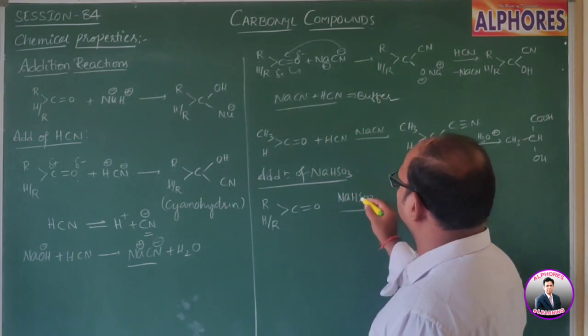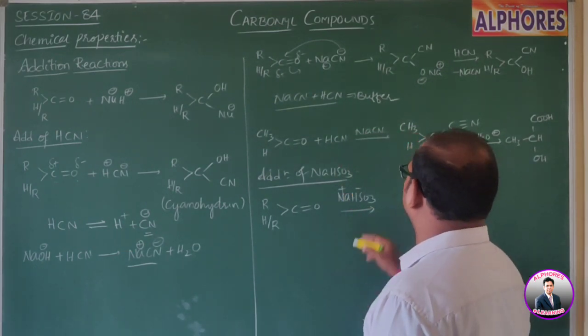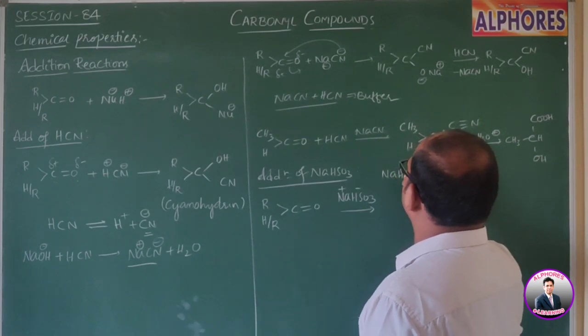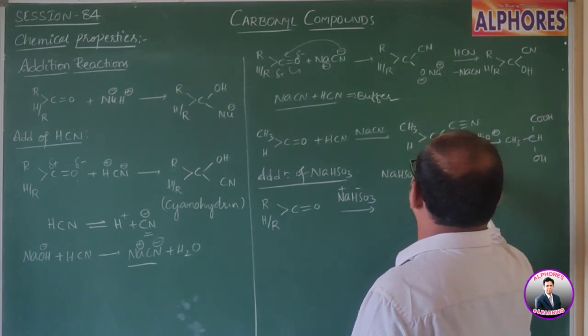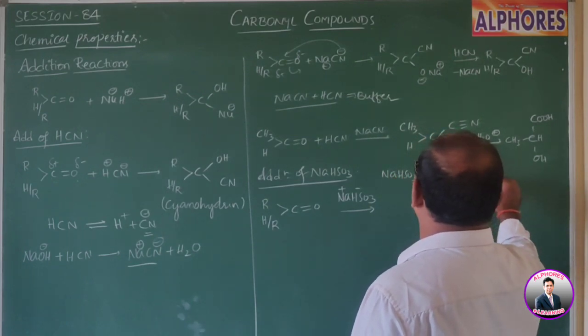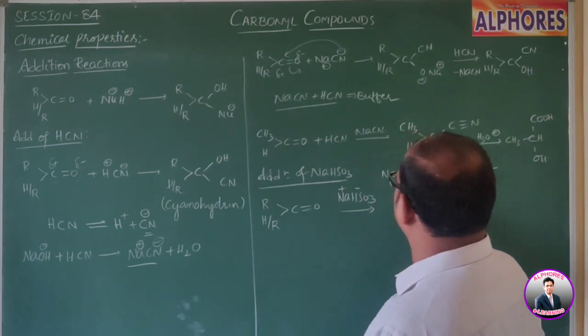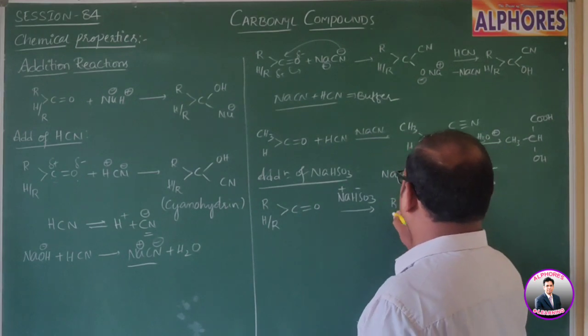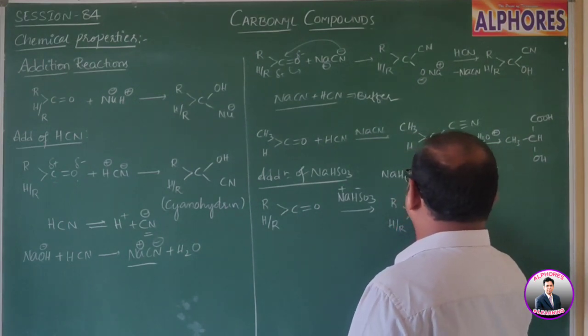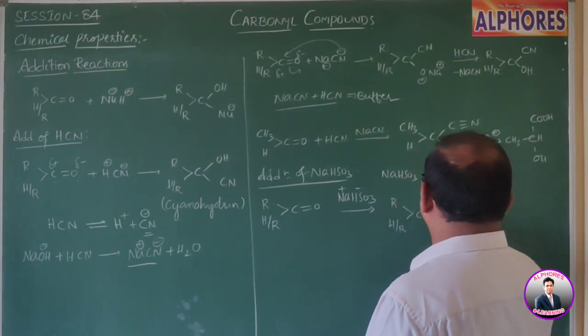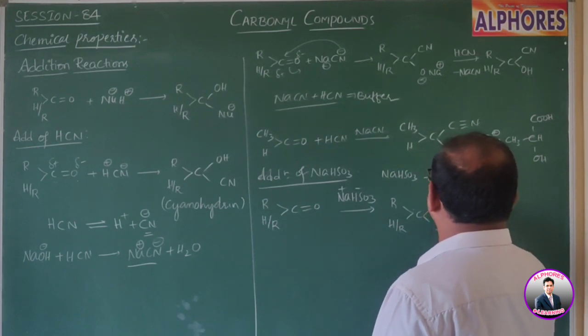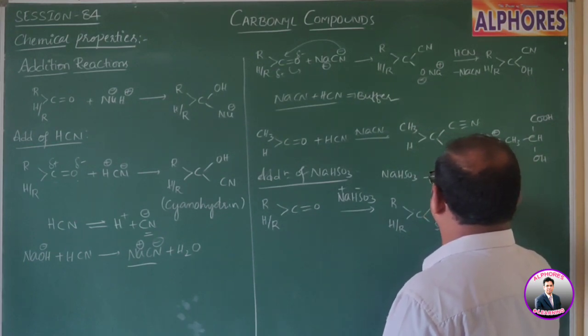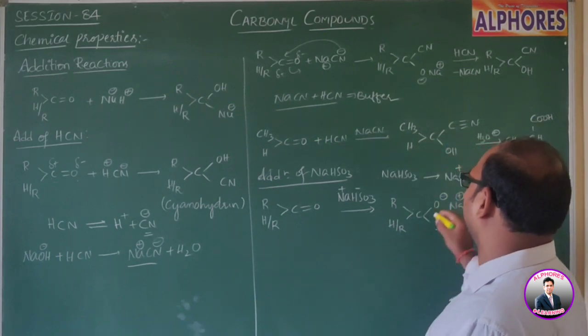Here, first what happened? Na plus and HSO3 minus. NaHSO3 being a salt, it readily dissociates as Na plus plus HSO3 minus, and HSO3 minus attacks the carbonyl carbon. Let us assume like that. R, R and CO minus and SO3H, and along with this O minus Na plus.